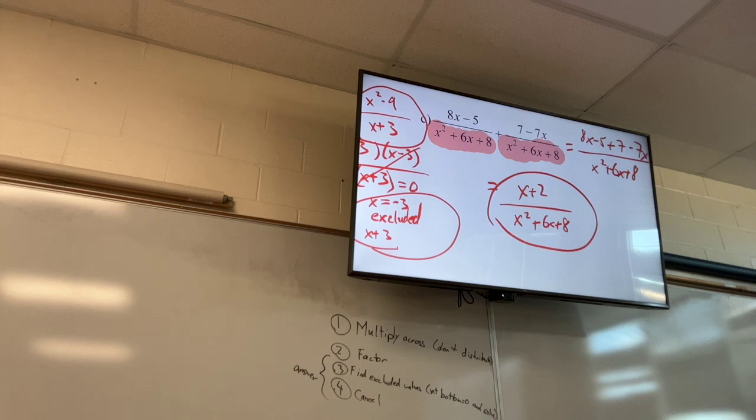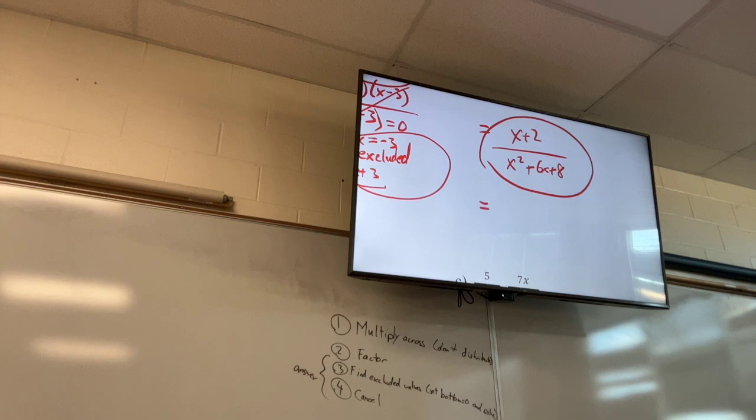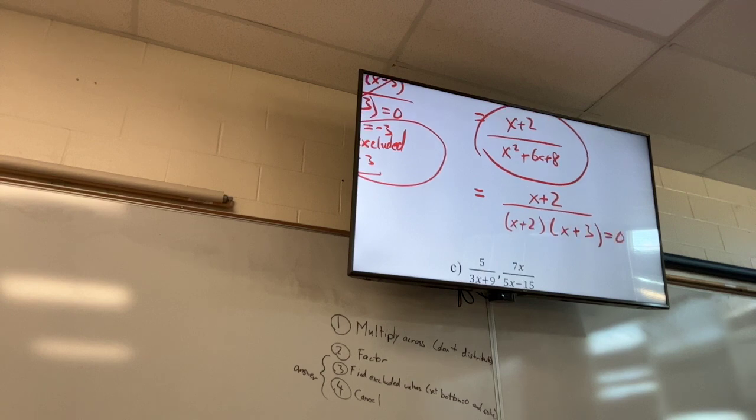If the directions said to simplify, we have to factor. The bottom factors, I believe. So our excluded values would be x equals negative 2 and x equals negative 4 get excluded. When we cancel, we get 1 over x plus 4. Oh, did I do something wrong?